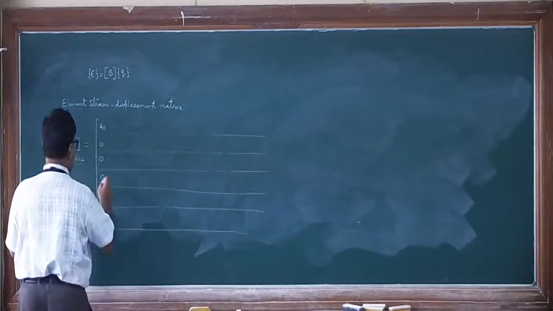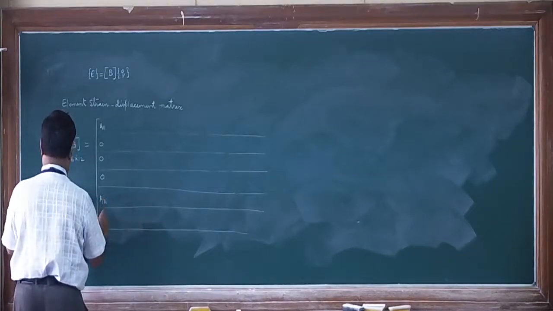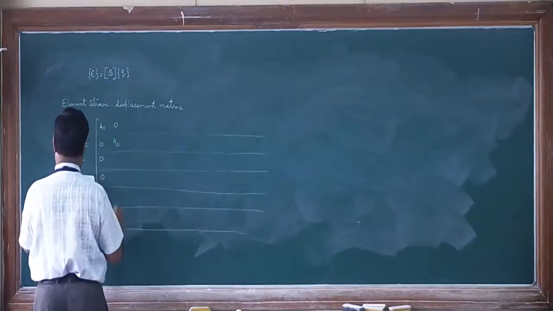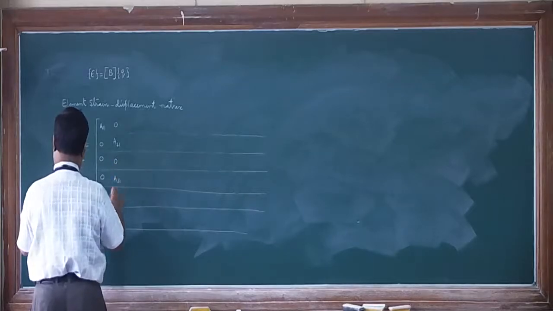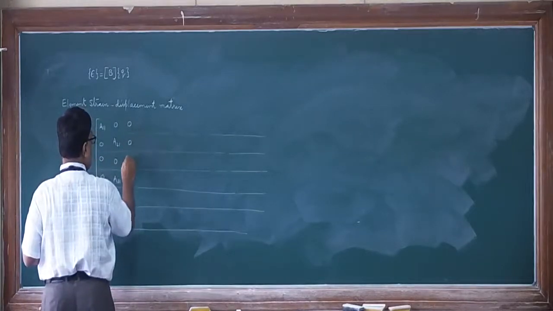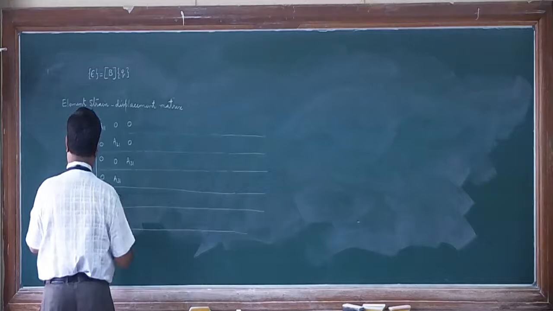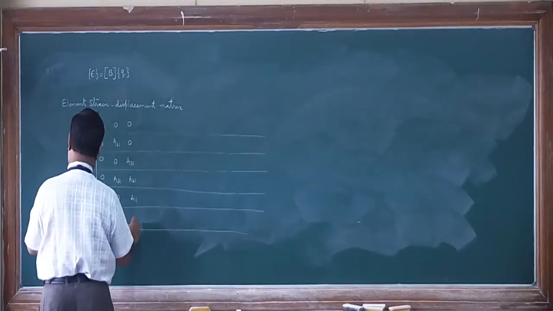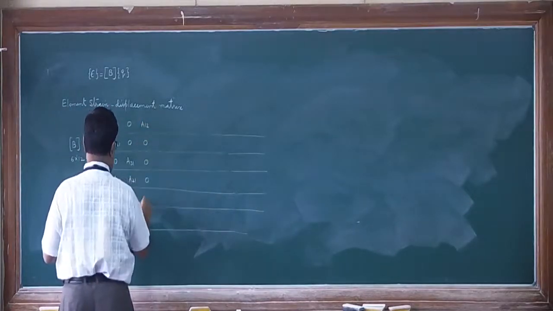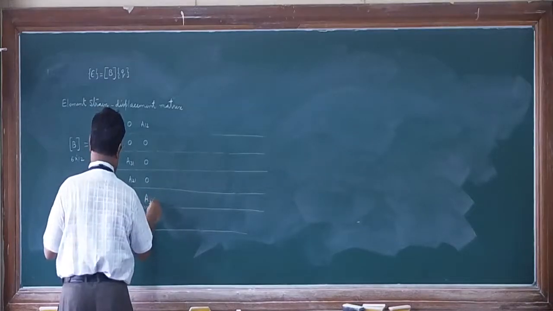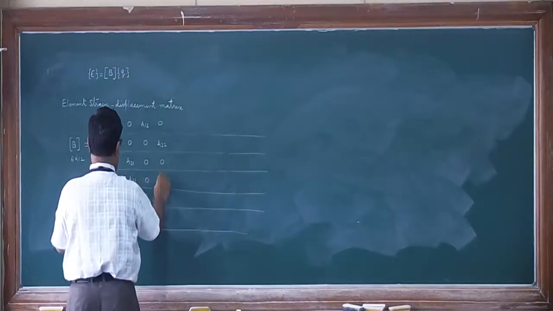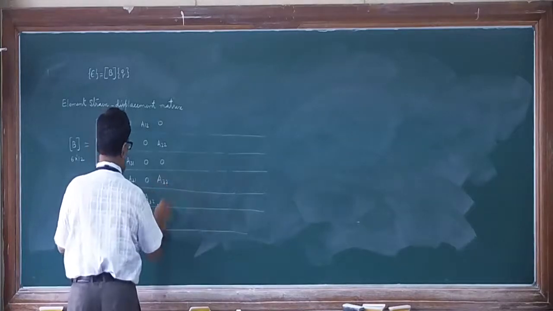The zeros, A31, A21, 0, A21, 0, A31, 0, A11, 0, 0, A31, A21, A11 and 0, A12, 0, 0, 0, A32, A22, right, exactly, 0, A22, 0, A32, 0, A12.